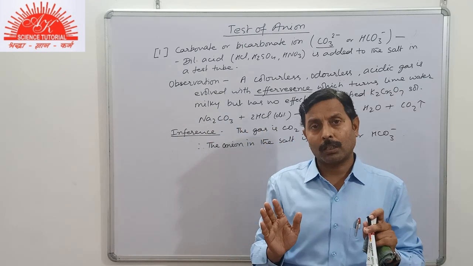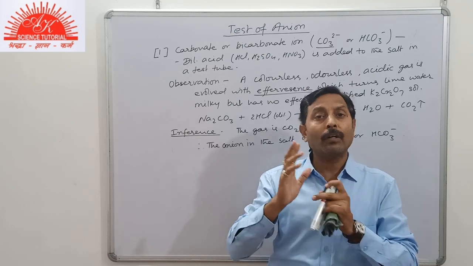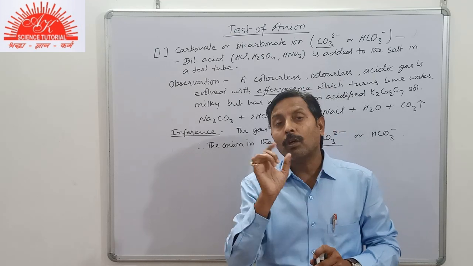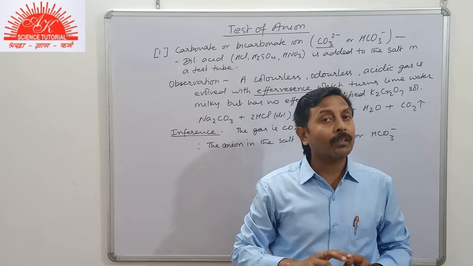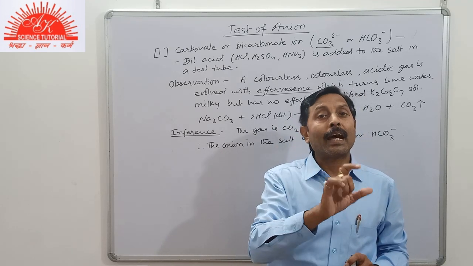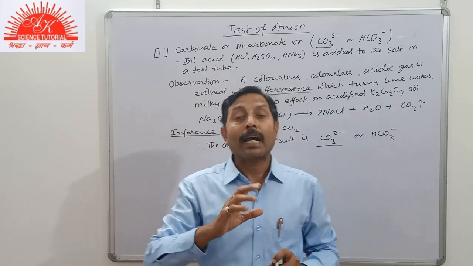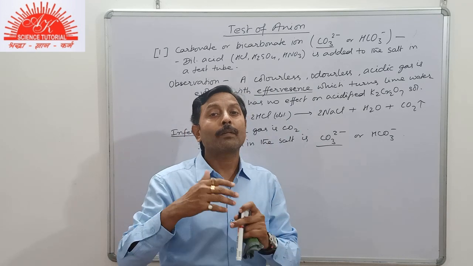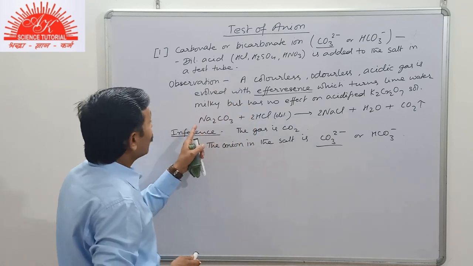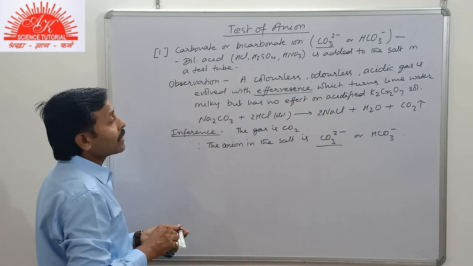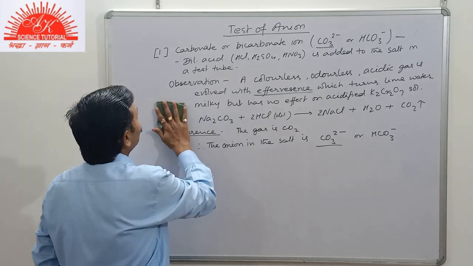This will be the part of question, and according to it you will have to identify the anion or type of salt. So, according to observation, you have identified that the gas is carbon dioxide and hence the anion is carbonate or bicarbonate, or the type of salt is metal carbonate or bicarbonate. So, this is the way to identify the first type of anion, that is carbonate or bicarbonate.